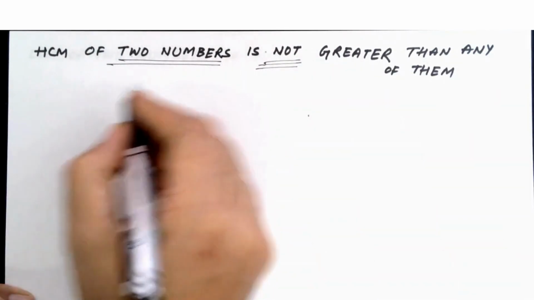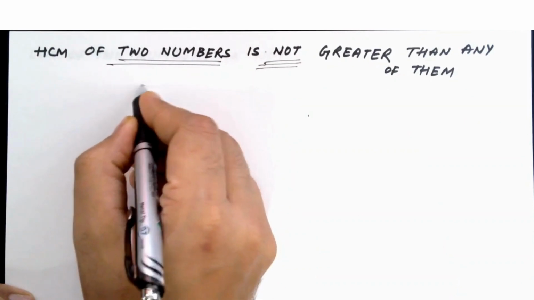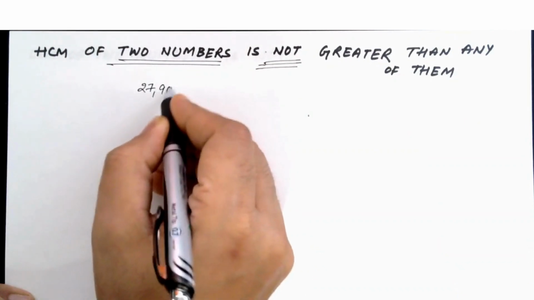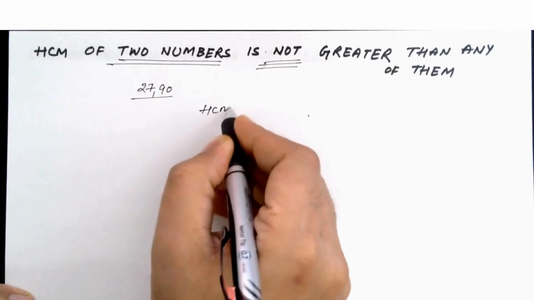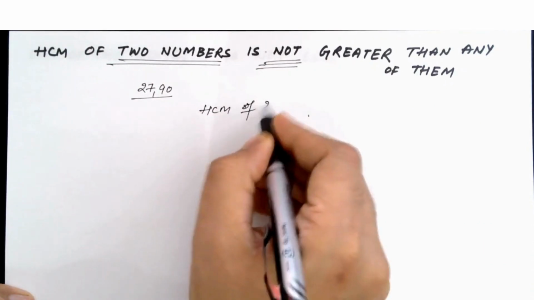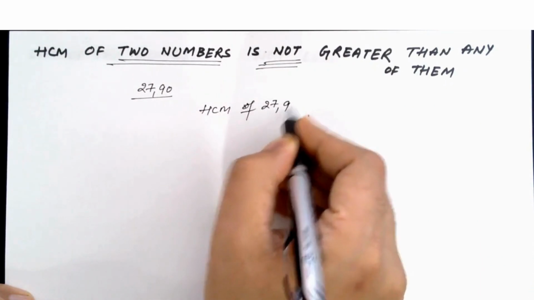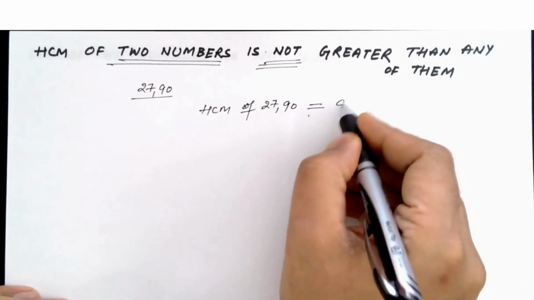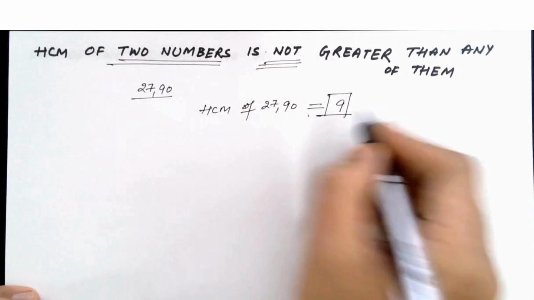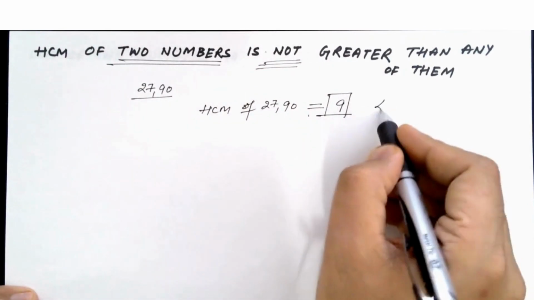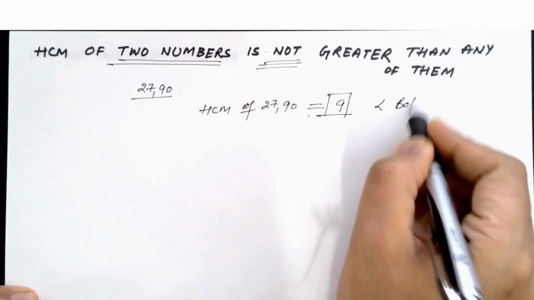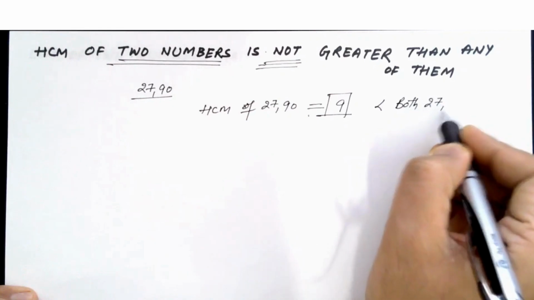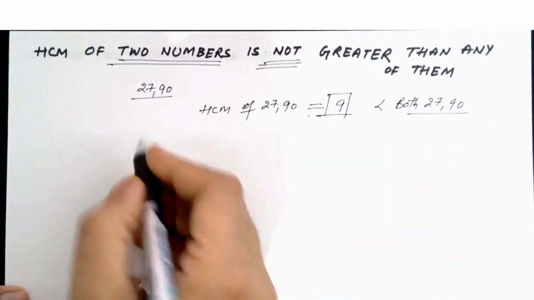In the earlier example we had taken numbers 27 and 90, and the HCF of these was 9. Now you can see this number 9 was less than both 27 and 90.